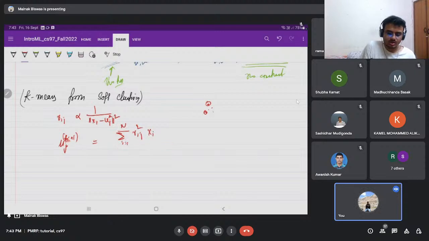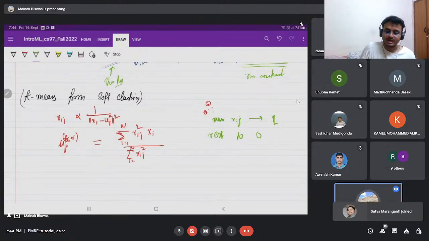By normalizing it, you can write proportional. Let's write normalizing, not a problem. Now what if I set the max of Rij to 1 and the rest to 0?